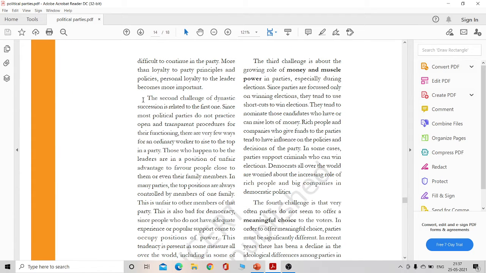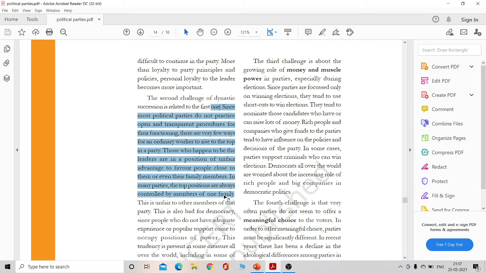The second challenge is, of course, the challenge of dynastic succession, which is related to the first one. Most political parties do not actually practice open and transparent procedures for their functioning. There are very few ways in which ordinary members can rise to the top, and those who happen to be leaders get an unfair advantage, and they favor people who are close to them or in their family.